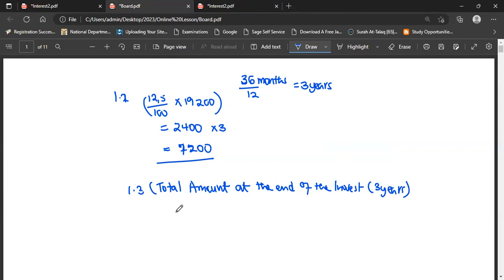So at the end of the 3 years, he would have got the interest plus the original amount of money that he invested. In simple terms, this becomes 7,200 plus the principal amount, which was 19,200. Let's check how much we get when we add this.